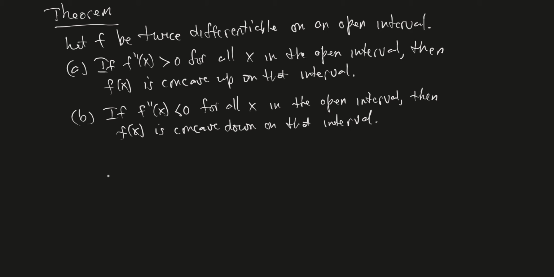So that's a good analogy to think of. I use the first derivative of the function to determine when that function is increasing or decreasing, and I use the second derivative of the function to determine where that function is concave up or concave down. All right?